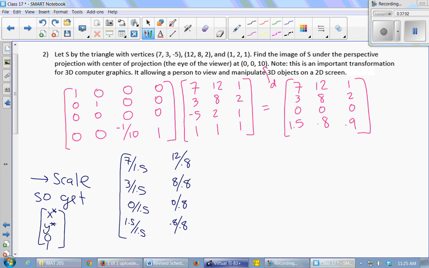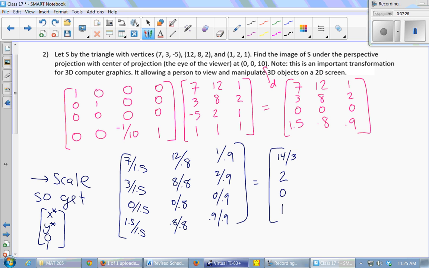And the last column, scale everything by 1 over 0.9. Now this gives me vectors that look like 14 thirds, 2, 0, 1; 15, 10, 0, 1; and 10 ninths, 20 ninths, 0, 1.